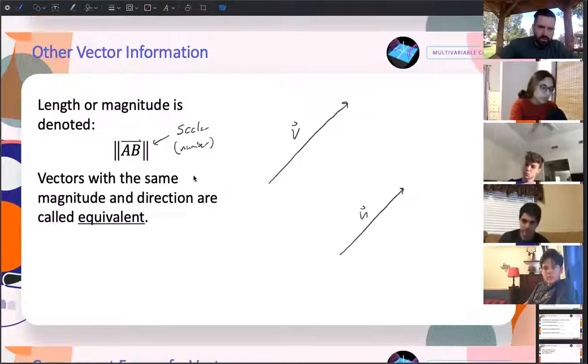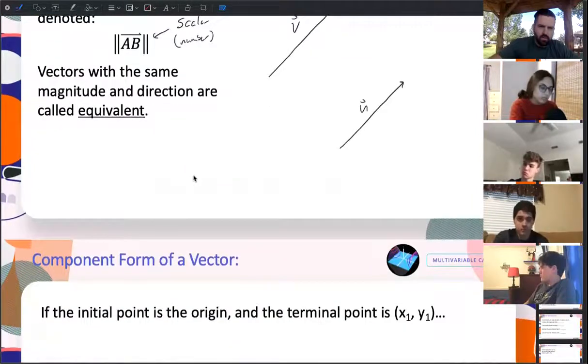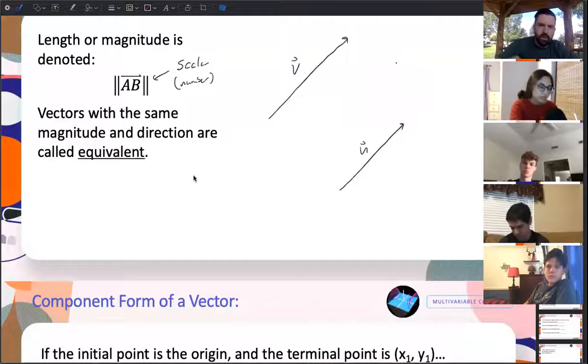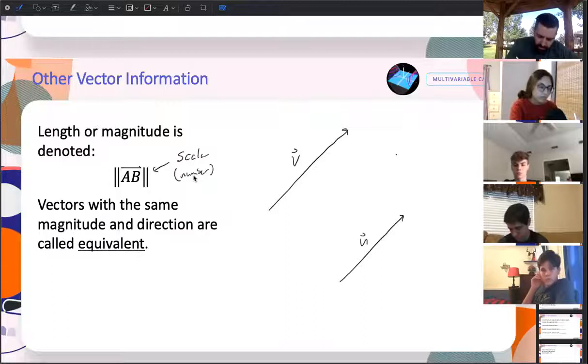Okay, as far as component, oh, I think I skipped something. I think I skipped one thing here. It's not on here, but direction is also an important number. So we have magnitude there.